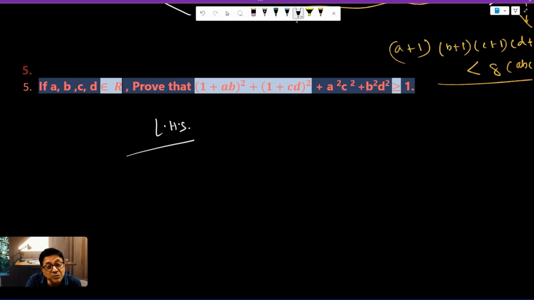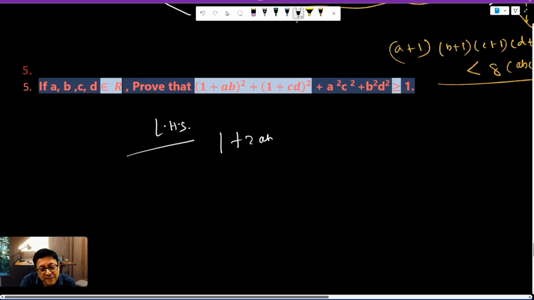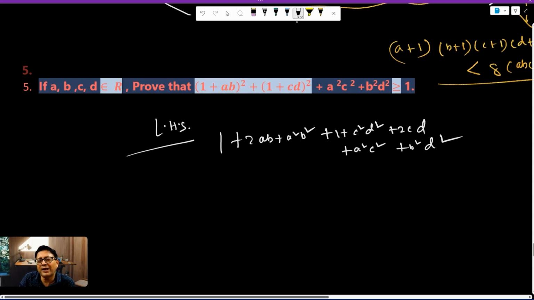So let us start with expanding. It's alright. I've just expanded it. So what do I get here? There is no scope. Nothing we find here.